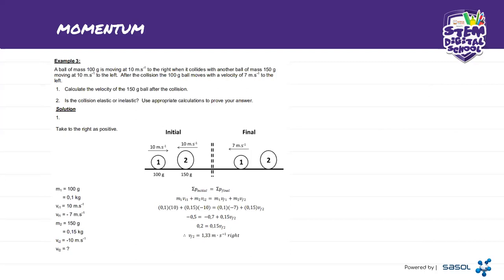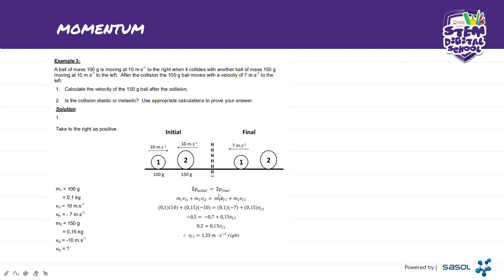So please, grade 12, make sure that you put your correct signs and you've chosen a certain side to be positive. And remember, guys, you don't just say now this is positive and now this one is positive, but it's moving in an opposite direction. It means that if your right side is positive and this one is moving to your left, then it will be negative.